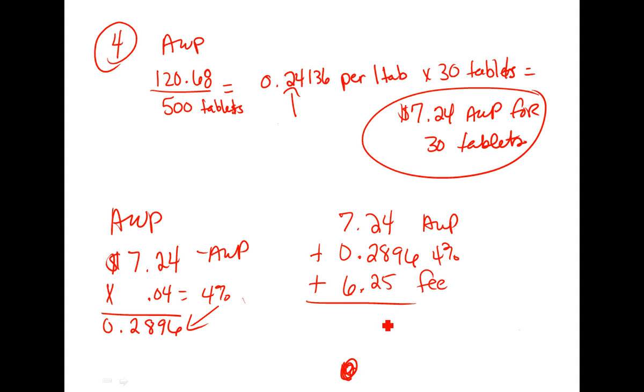Okay, so once you add all those up, it comes to be like $13.779, but we're going to round at the end, so it's $13.78. Okay, so 4, 5, and 6 you will do that way.